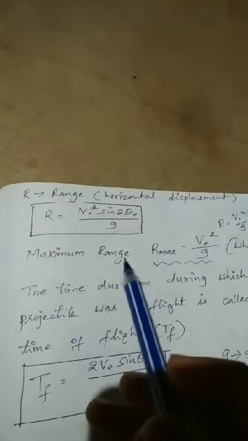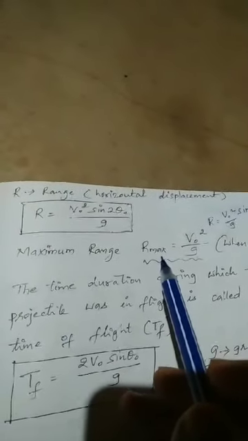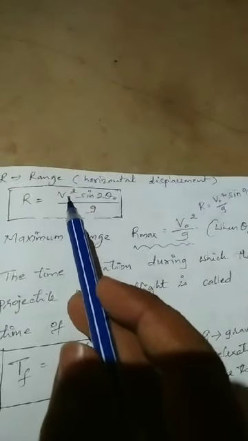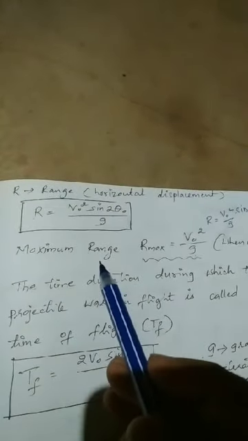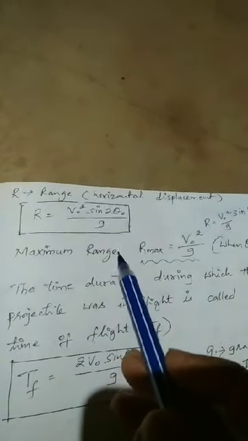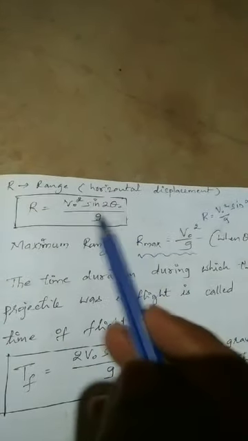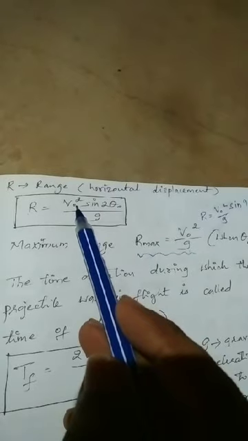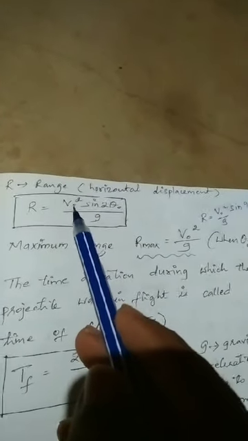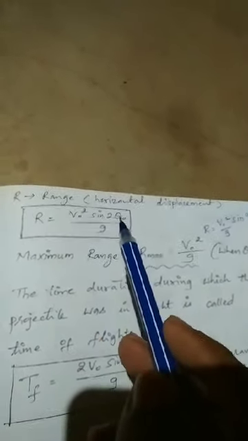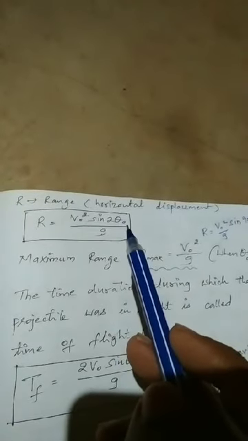So for a particular value of V naught, what will be the maximum range? How can you get maximum range? That depends upon theta naught. When V naught is maintained constant, theta naught will be the varying factor.